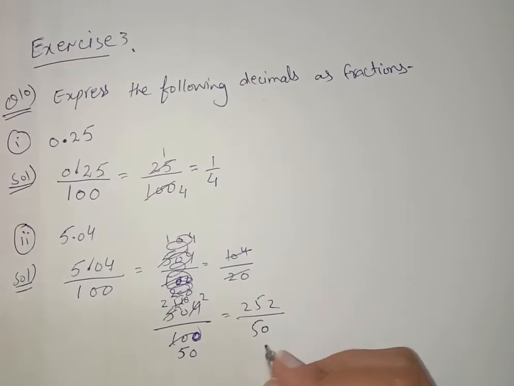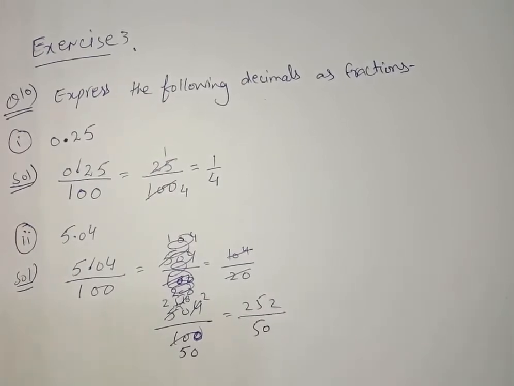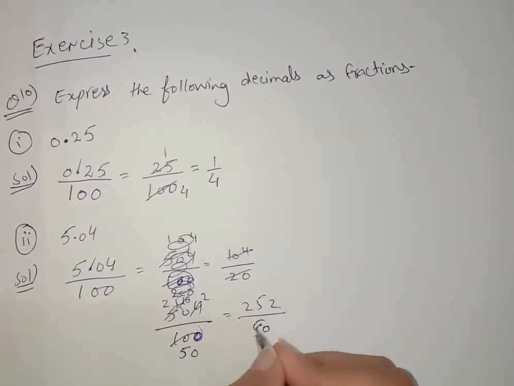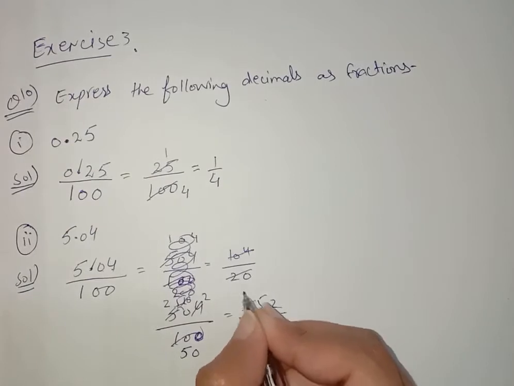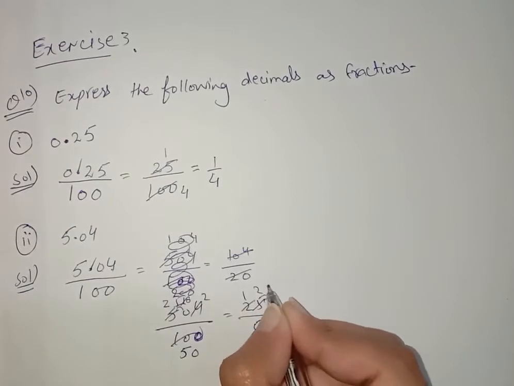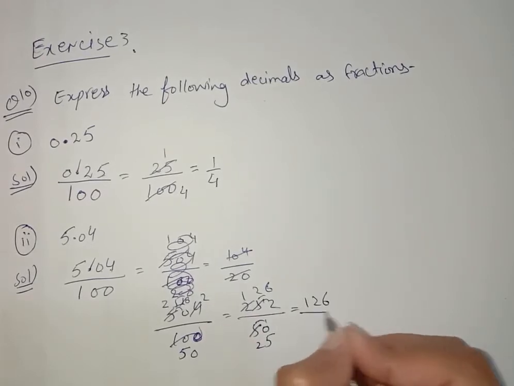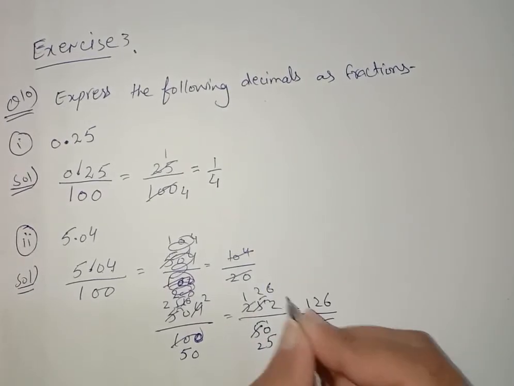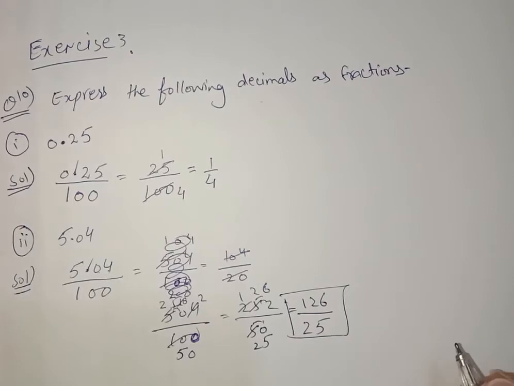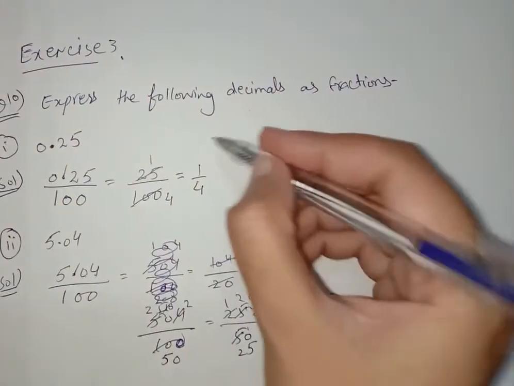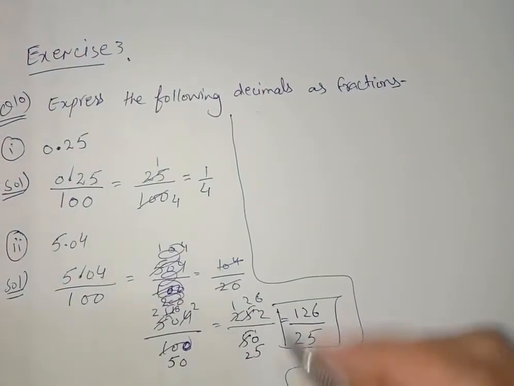Now next they go in the table of 2 and also in the table of 5. 2 2s are 4, 2 5s are 10, 2 1s are 2, 2 6s are 12. 126 by 25 is our answer. It is easy for us to do it with a smaller table instead of using a big table.